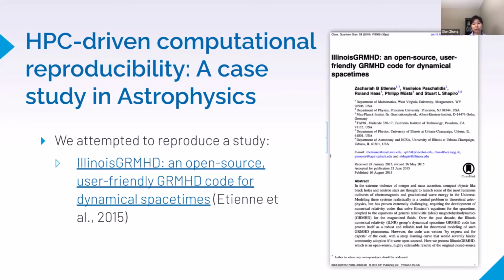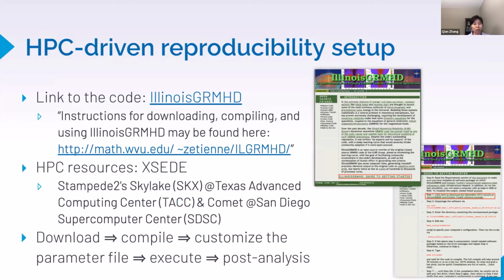The Einstein Toolkit is a community-driven software platform of computational tools to advance and support research in gravitational waves and astrophysics. In order to start the reproducibility, we need access to some resources, for example, the data and code.